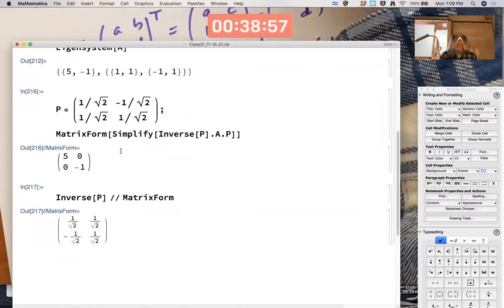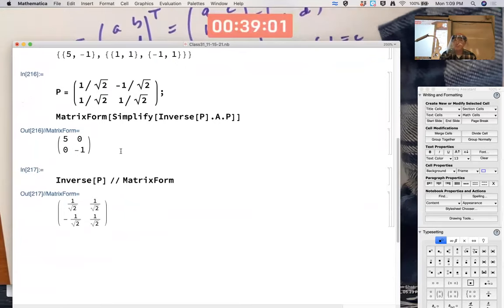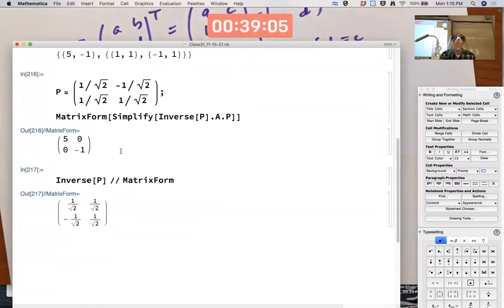Let's jump to the other punchline we've been talking about. How do you use this information to solve the system? Again, in our DiffEq book, we solve the system without doing diagonalization. We write down our linearly independent eigenvectors and form our general solution using e as well. And then use that to solve initial value problems.